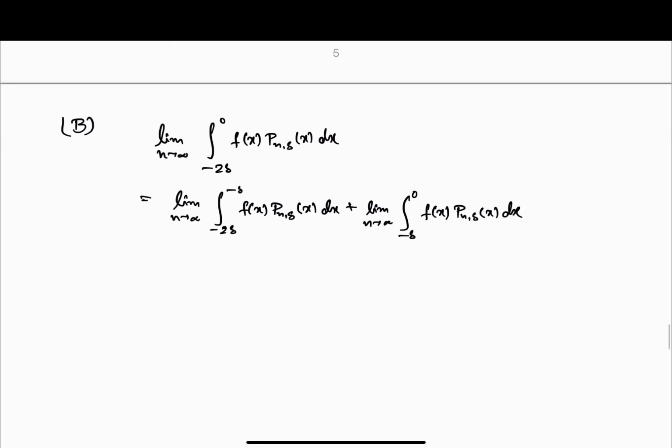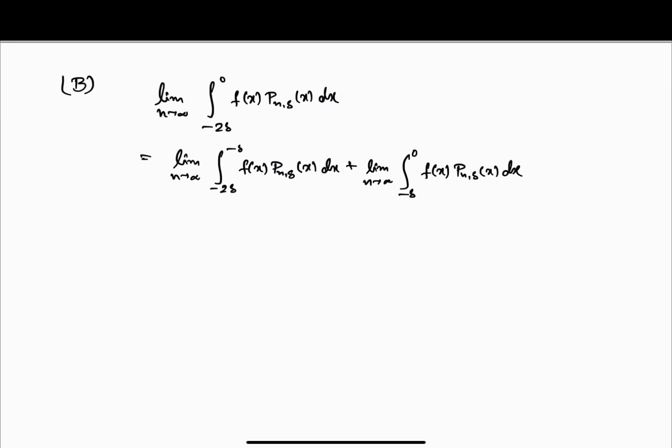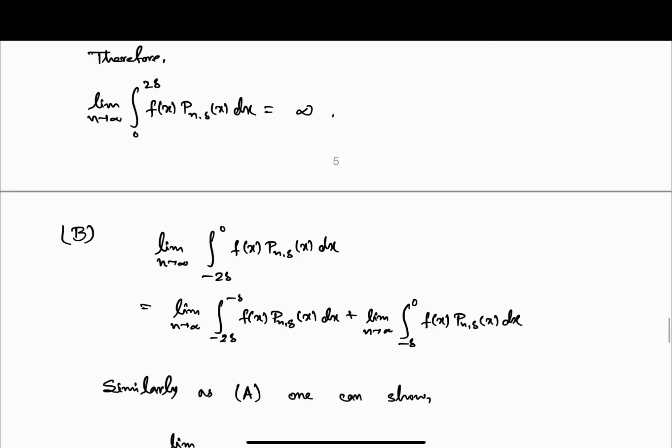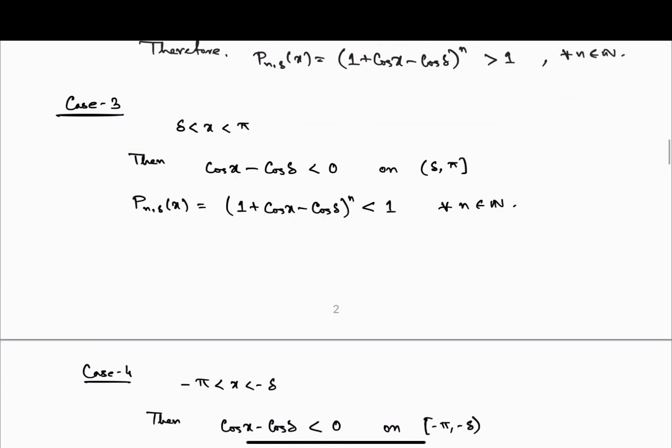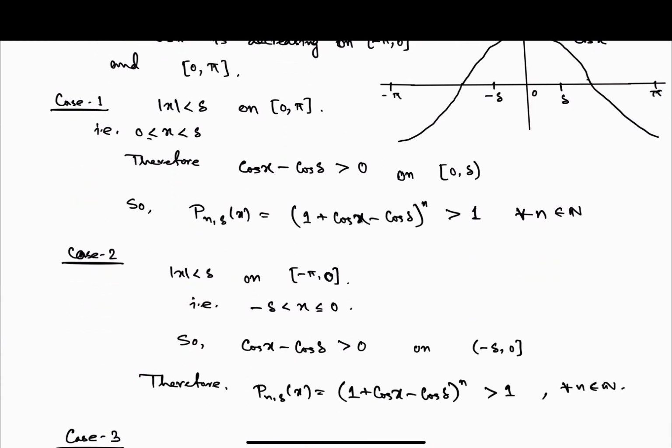And again, similarly, one can show the limit n tends to infinity for p_n,delta on minus delta to 0. I think it is the case 2 in minus delta to 0, so p_n,delta is basically the integrand. Let me write it, then it will be clear for you.